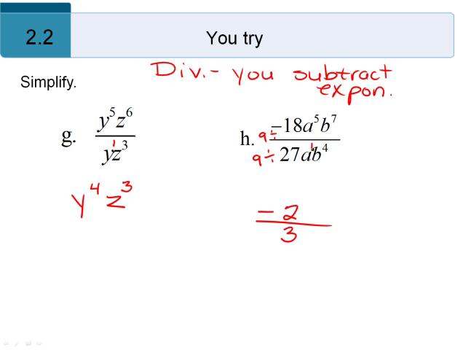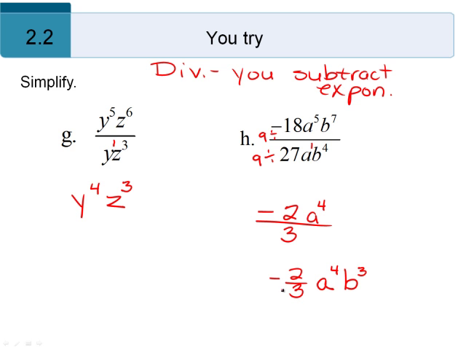So 5 minus 1 is a to the fourth. That's going to be on top, or at this point, since we haven't really talked about top and bottom of fractions, you can also type it into WebAssign just out beside the fraction itself. Okay? And then 7 minus 4 on the b would be b to the third.